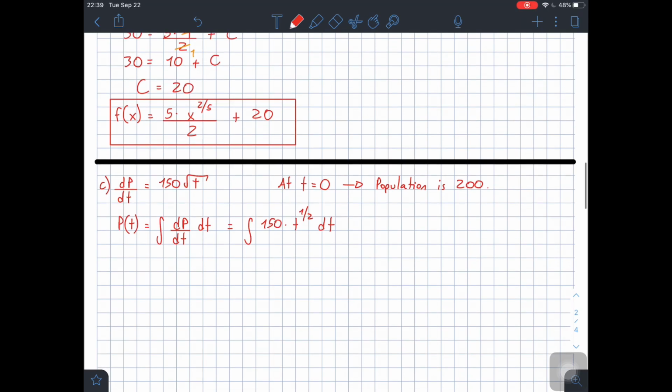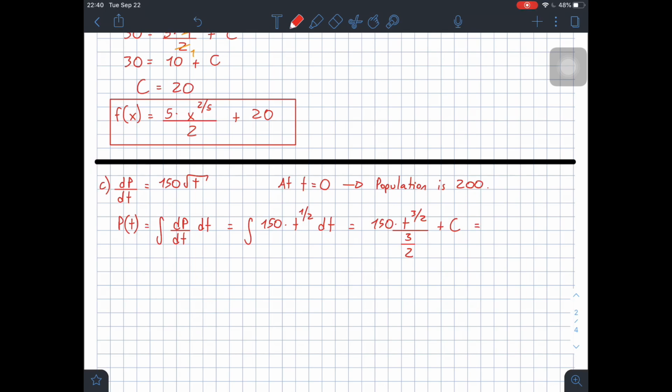Okay, so I find the integral for this, and we're going to get that this is 150 times t to the power of 1/2 plus 1, that's 3/2, so t to the power of 3 over 2, and this is being divided by 3 over 2 plus c.